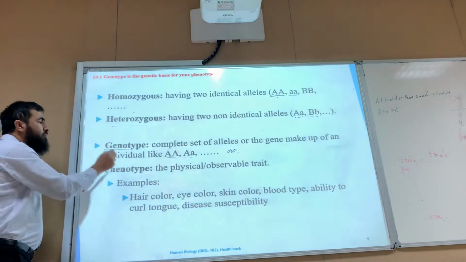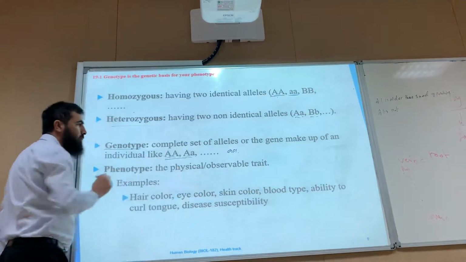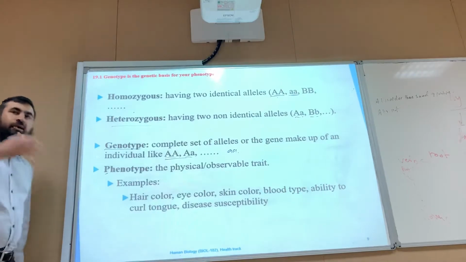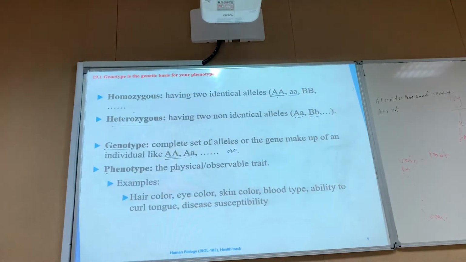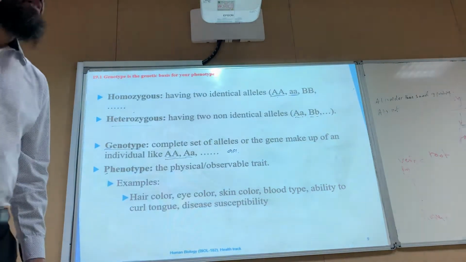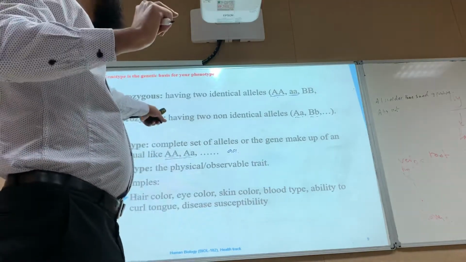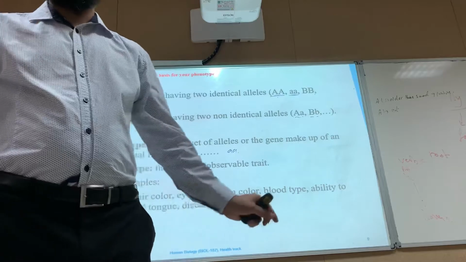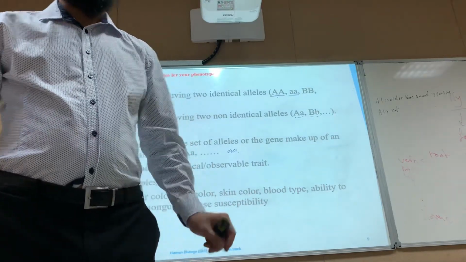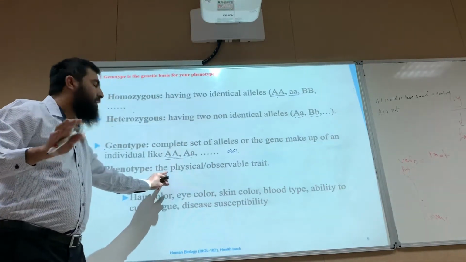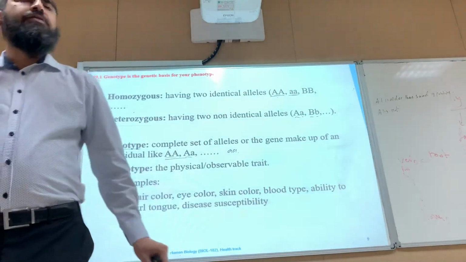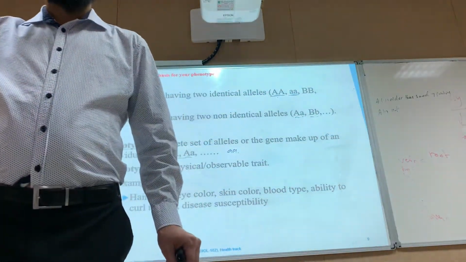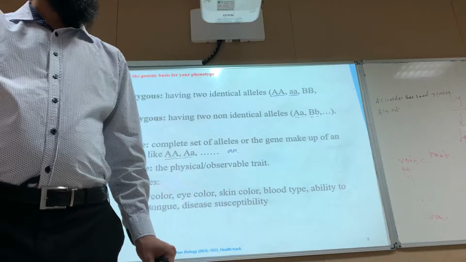So the genotype is talking about the genetic makeup, while the phenotype is the outward physical appearance. So my genotype, say, is homozygous dominant, but the phenotype is unattached earlobes.